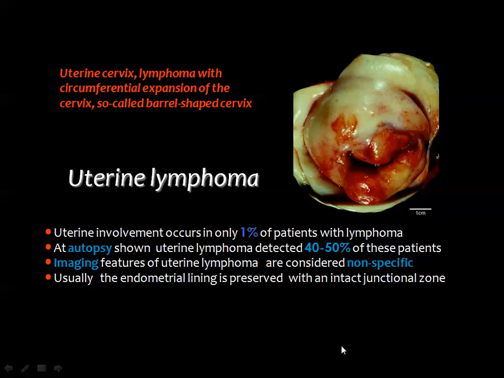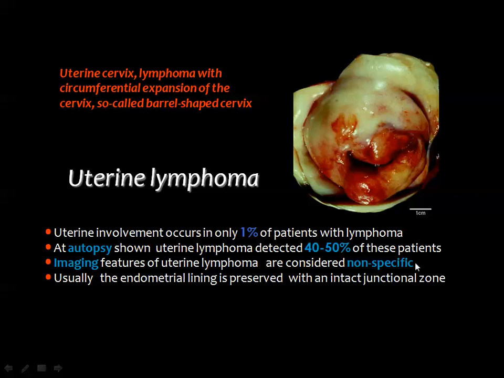Then gynecologic lymphomas involve the uterus, especially the cervix, and may affect the ovaries and vagina as well. Uterine involvement is in the range of 1% of patients with lymphoma.